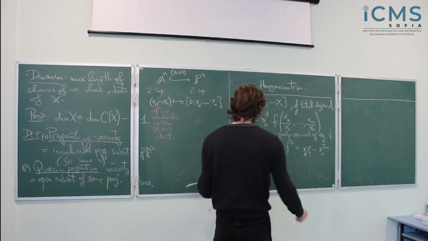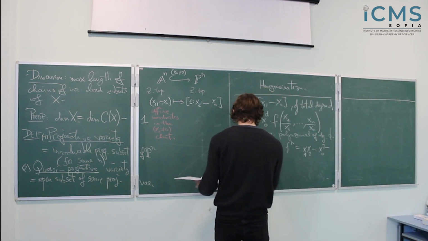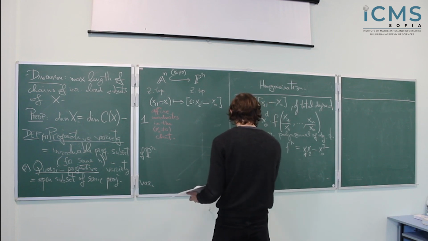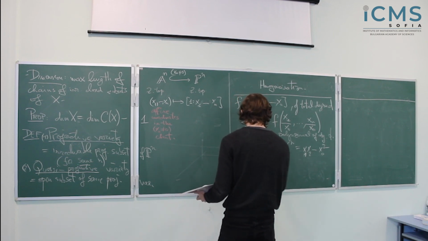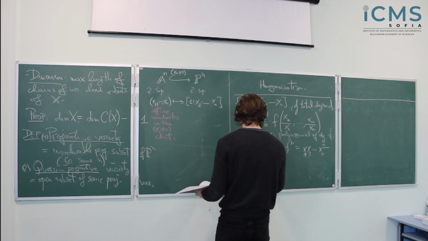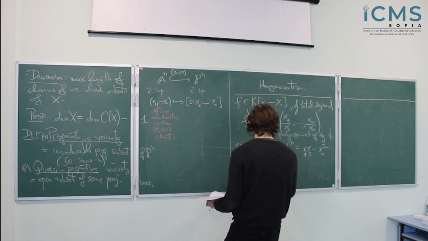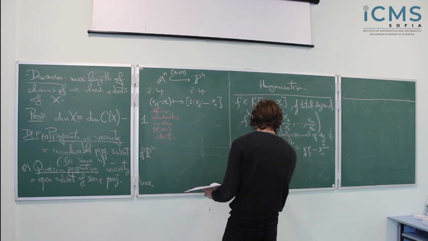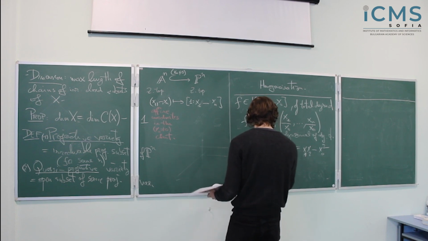Let's consider just an extra one. So if I have f equal to x1 squared minus x2 cubed.